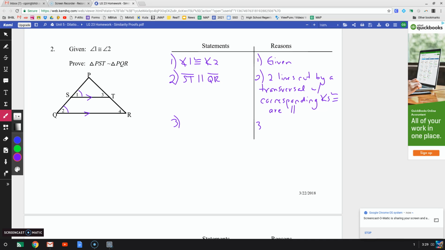So now, since I know my lines are parallel, well, now I know that angle 3 and angle 4 are congruent. So angle 4 and angle 3 are congruent because parallel lines have congruent corresponding angles.